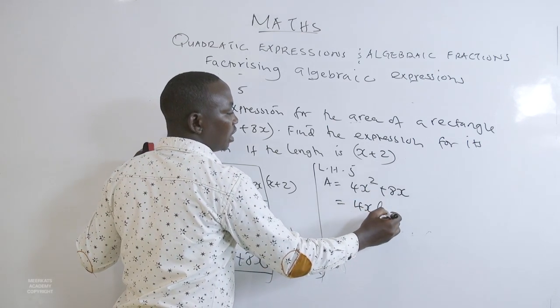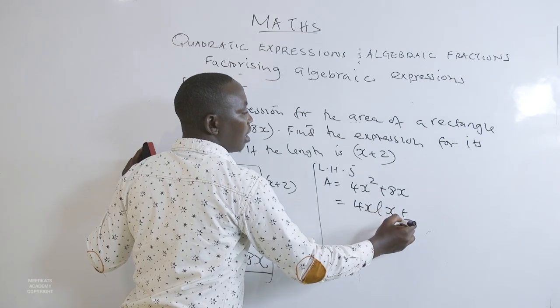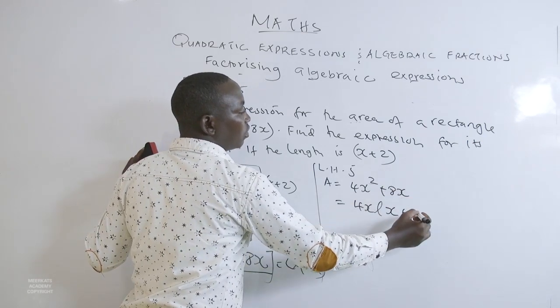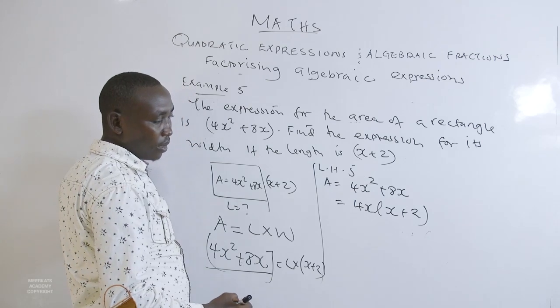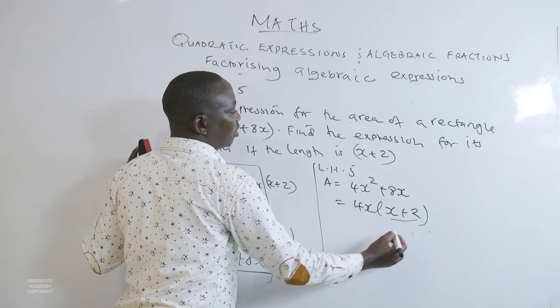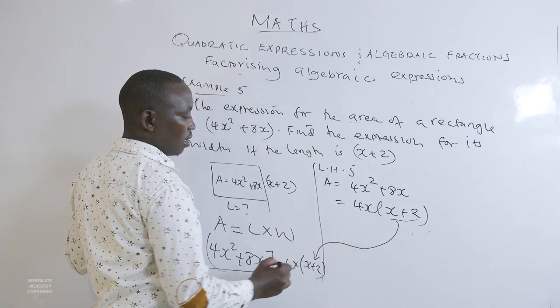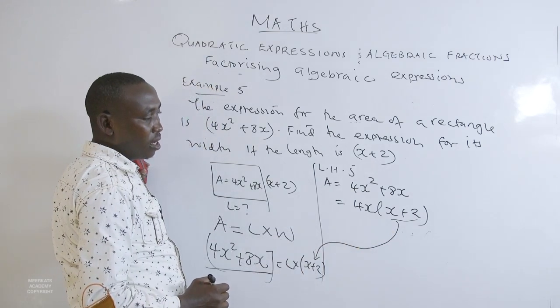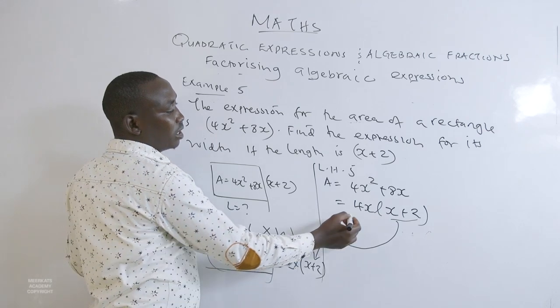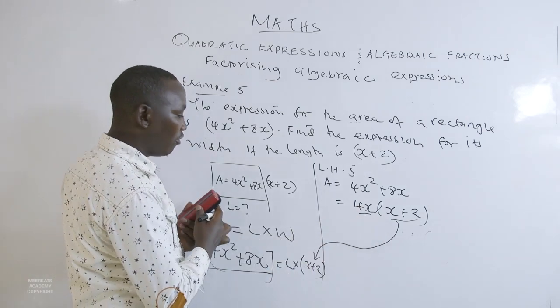So that will be 4x into x plus 2, since 4x goes into 8x twice. What can you say about x plus 2? Our x plus 2 was the width. So this will tell us that automatically the length is going to be 4x.